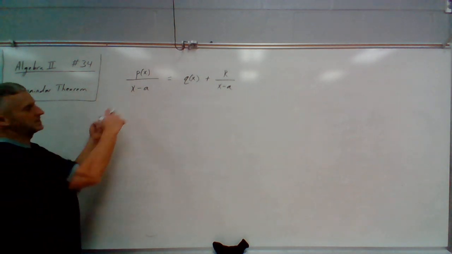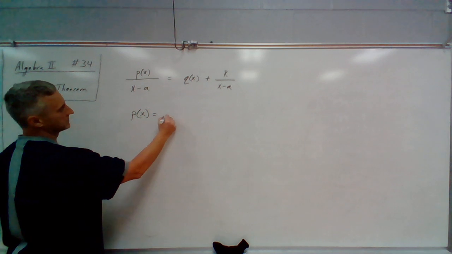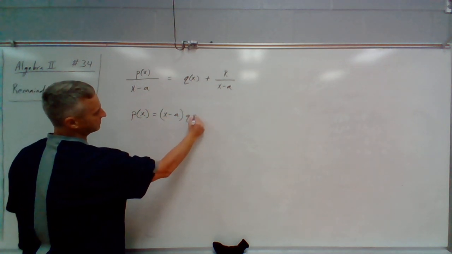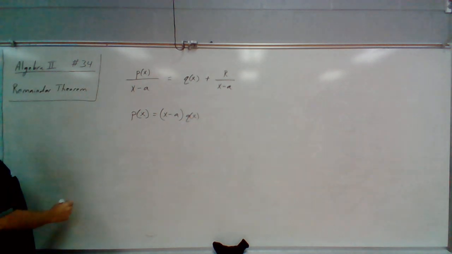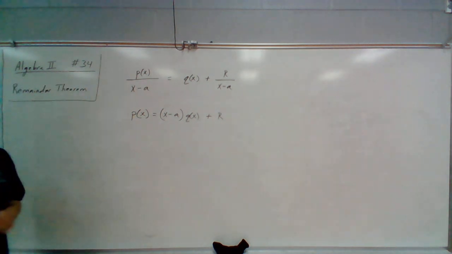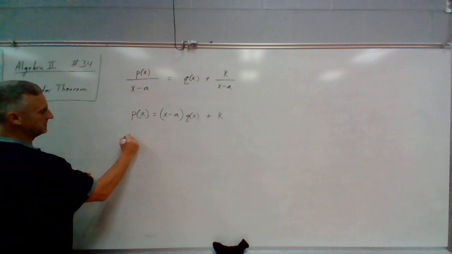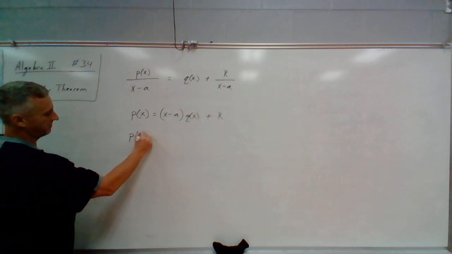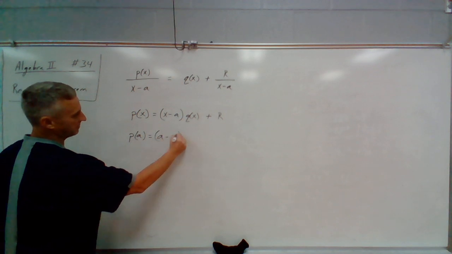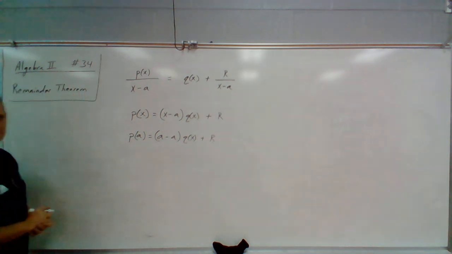Alright, if I multiply both sides of this by x minus a, I get p of x equals x minus a times some other polynomial plus r for my remainder. Now if I plug in the opposite of this number, so if I do p of a, I'm going to put an a in here, so that'll be a minus a times some polynomial plus a remainder.